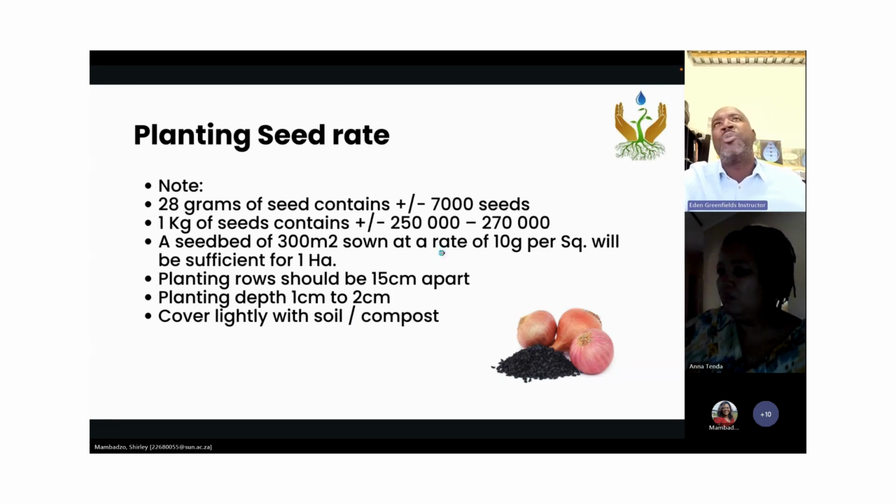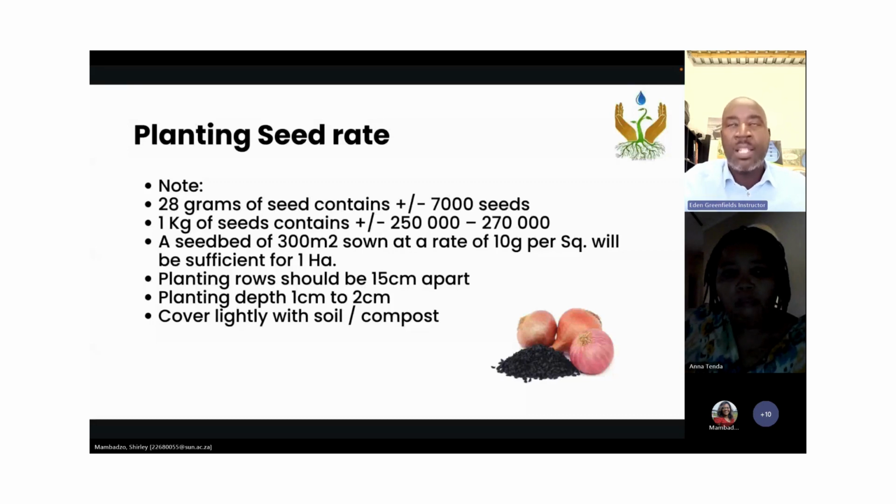Normally, when we are growing our onions at our garden, we take the seedlings that are big first. Those which are still small, we leave them and give them time to grow again, and then we transplant them at a later stage. All right.